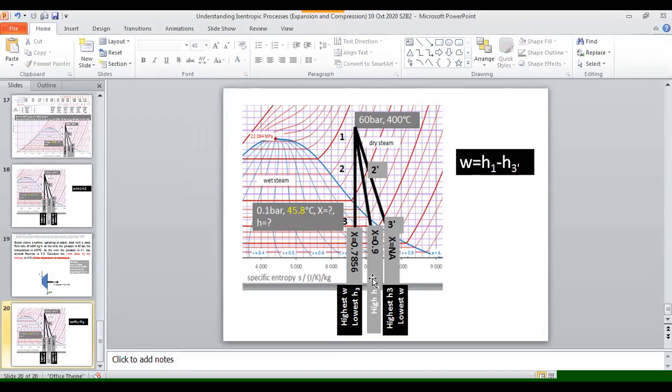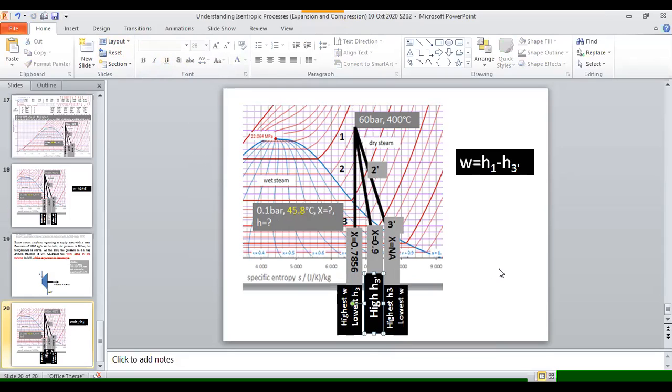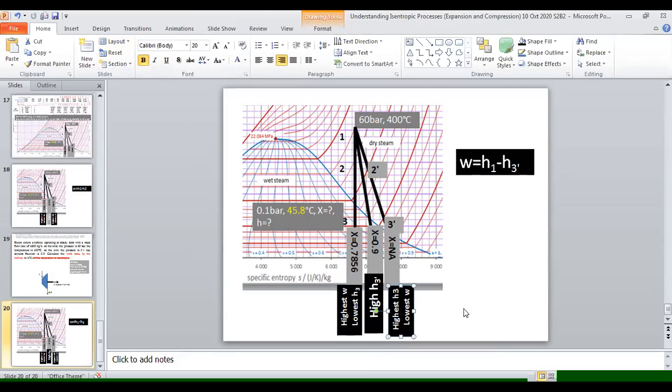Now you have to look for H3 dash. So this is H3 dash. H3 dash is a little high.